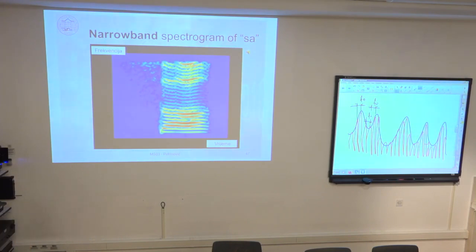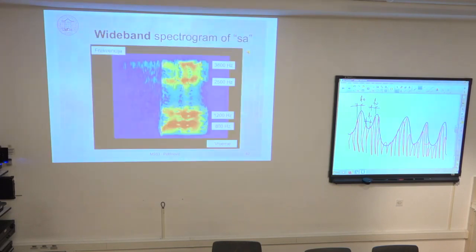A very interesting fact is that nowadays one of the most sophisticated architectures for speech recognition is based exactly on this concept. You first convert the speech signal to an image of this kind, either a narrowband or wideband spectrogram. And then you apply techniques that are used for image analysis and image recognition.